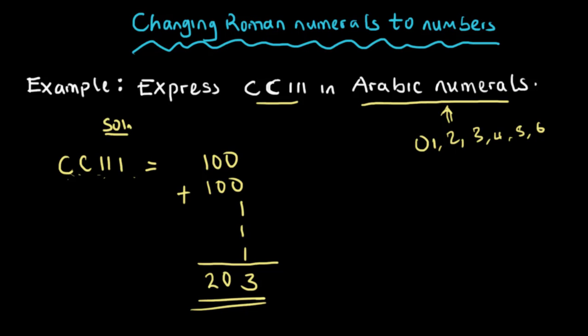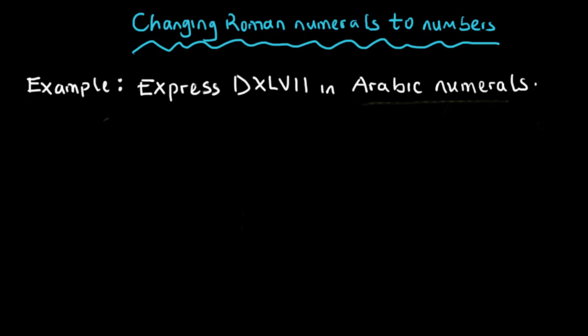Let's take another example. So we have: express DXLVII in Arabic numerals. The first thing you want to check is to look and see if there is any smaller symbol behind a bigger symbol. If you can see, we have XL.